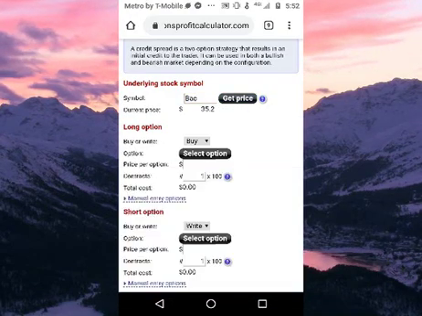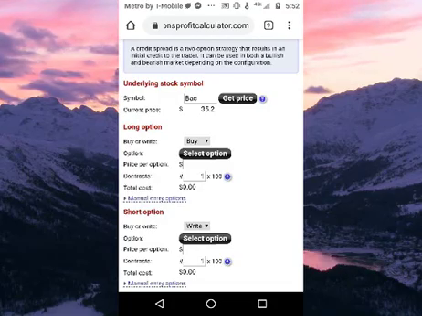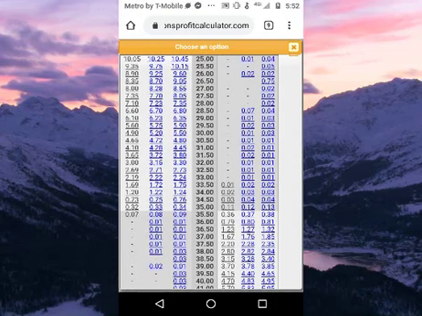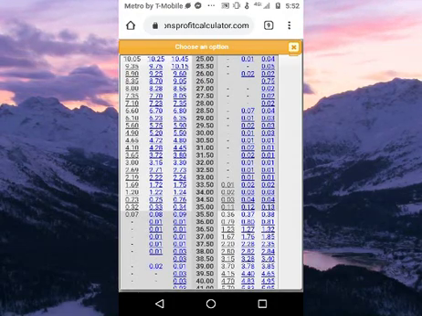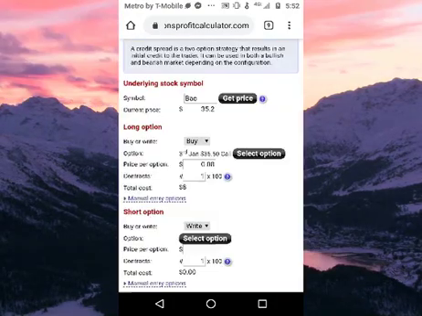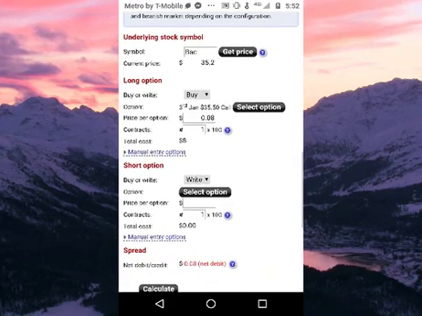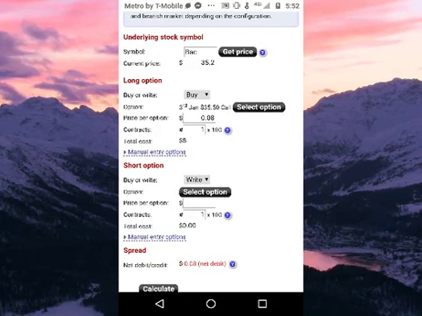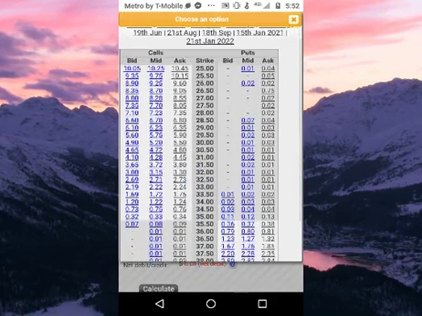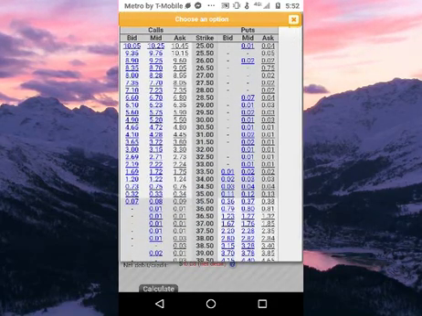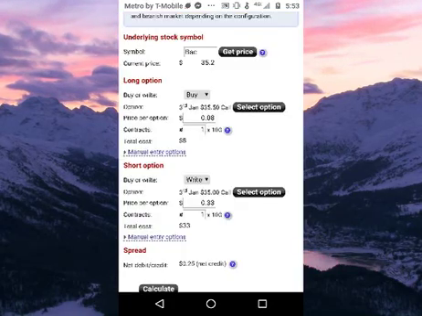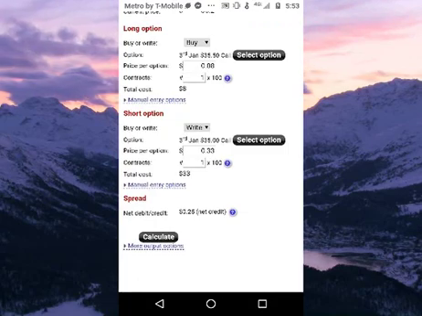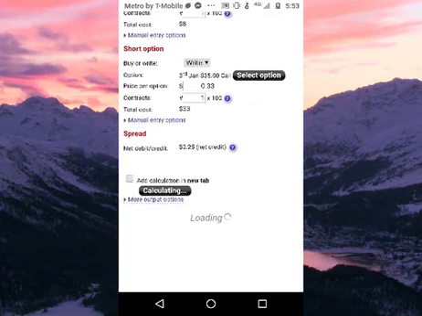Remember, we are buying the higher strike price. The upper leg is going to be the higher strike price, so we're buying the $35.50. We're writing, that's another word for selling. So we're going to click on select options, and this one is going to be the lower leg, the lower strike price, which is $33. In this case, it's kind of in the money. So this is going to be the net credit that we're going to receive. We're going to click on calculate.